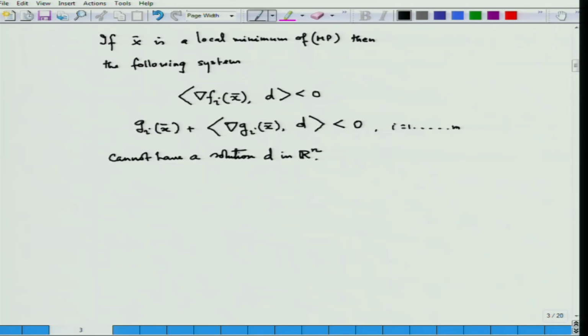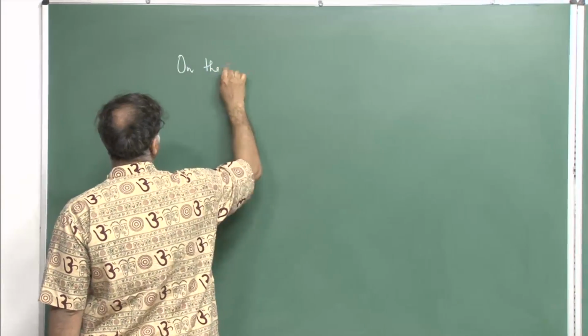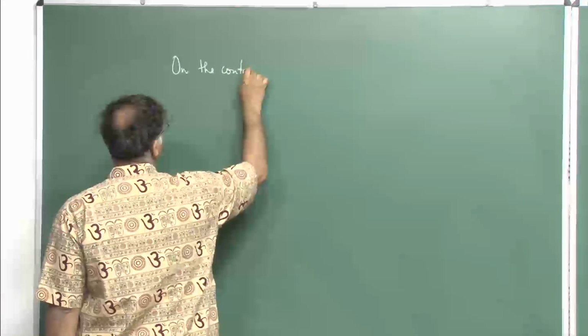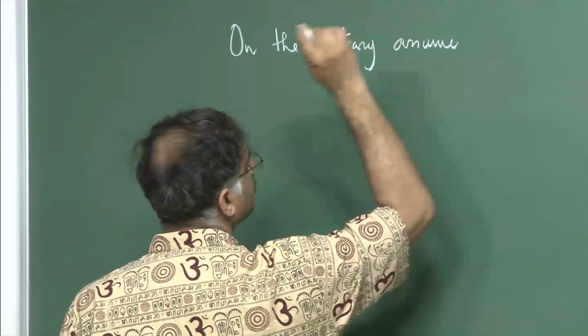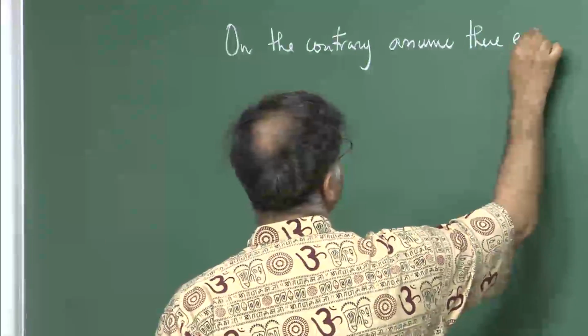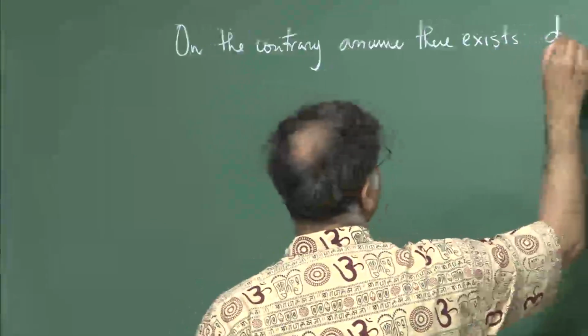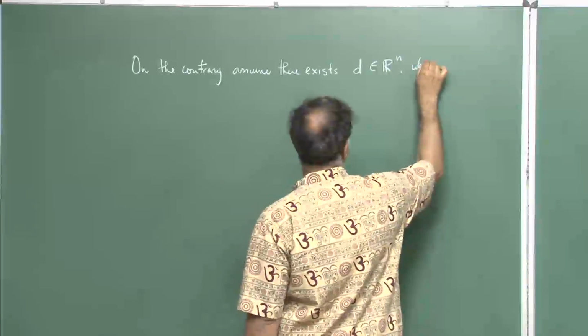Now, how do we prove this fact? I will just go to the board to prove it. On the contrary, this is proved by contradiction, a standard technique in mathematics. I assume that there exists d, an element of Rn, which solves the system.